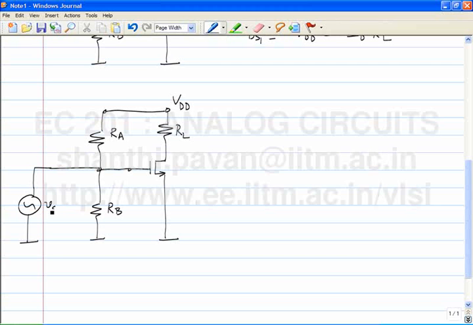My job is to add the incremental source without screwing up the operating point. If I did this, it doesn't work, because to find the operating point we set all the independent voltage sources to 0, which means the gate voltage would be 0, which means the drain current would be 0, and you're basically not doing what you want.